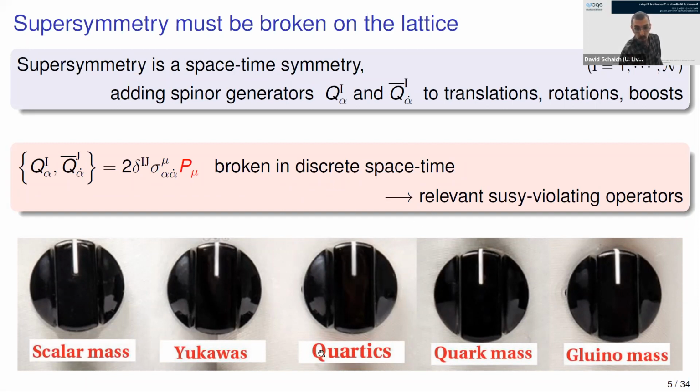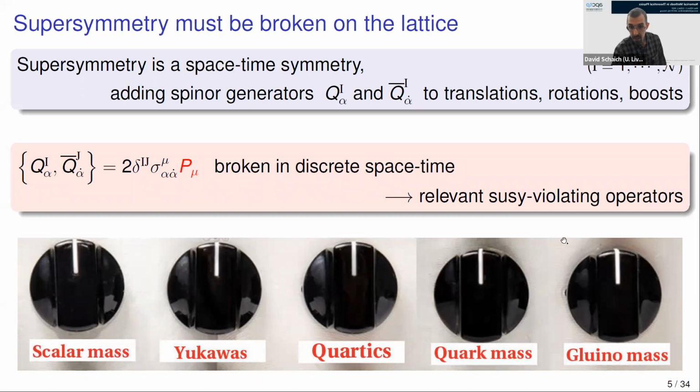The scalar phi to the 4th quartic terms, with various indices, can pick up different contributions that have to be accounted for, and similarly for their Yukawa couplings to the fermions, quarks and gluinos, which also pick up non-zero supersymmetry violating masses to be dealt with. So in principle, it's possible with infinite computing and infinite students to map out this fine-tuning problem in a high-dimensional parameter space, but that's not really practical.